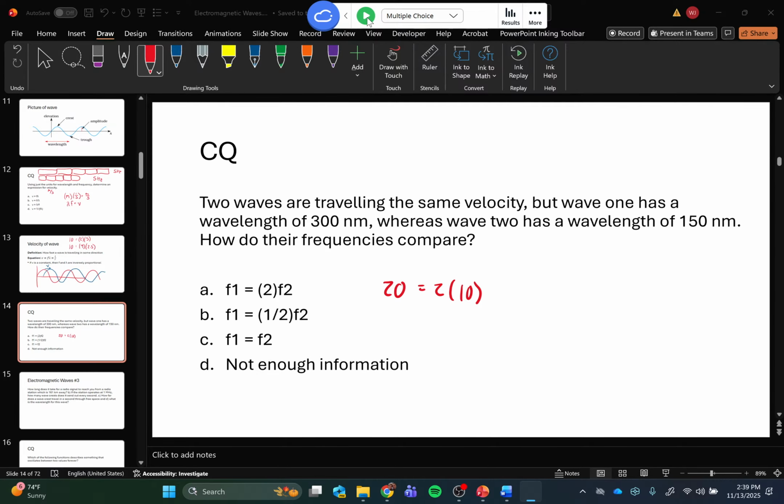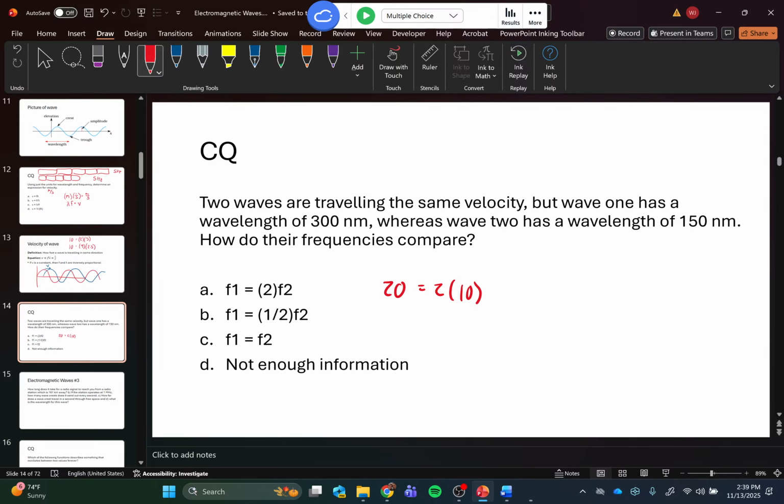So if one has a bigger wavelength, it must have a smaller frequency. The frequency of the first one must be smaller. Why? Because it's got a bigger wavelength. There's only one answer up here that says a smaller wavelength. This is the only one that says it has a smaller wavelength.